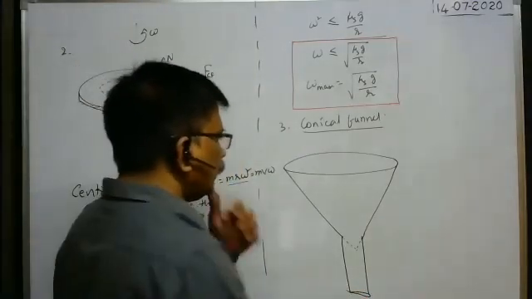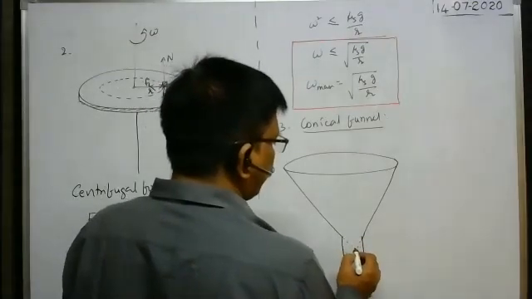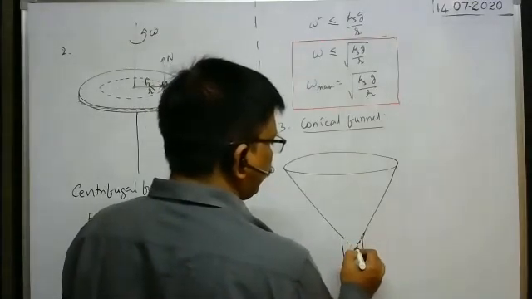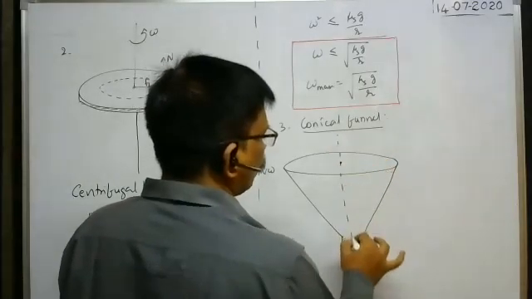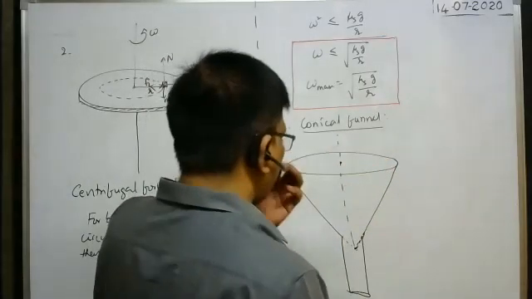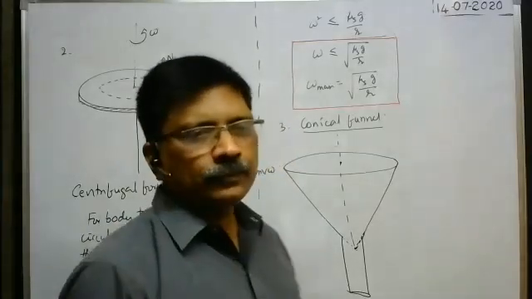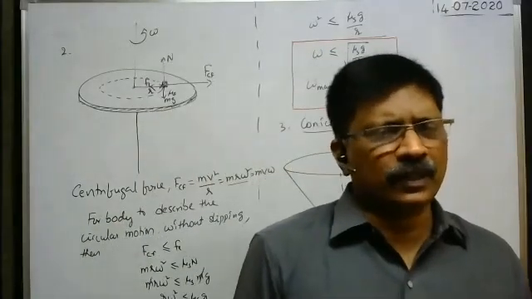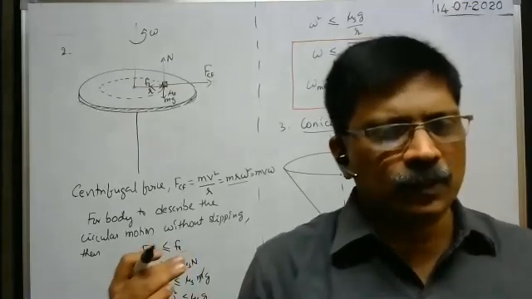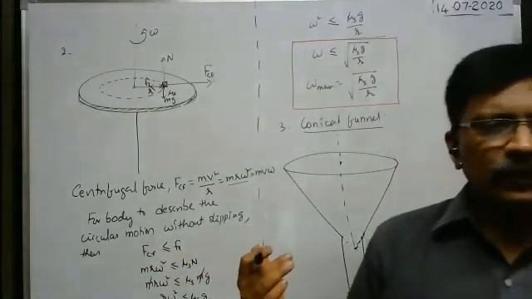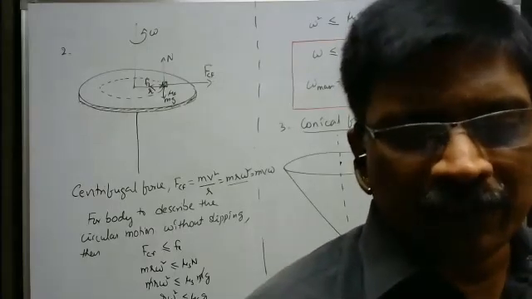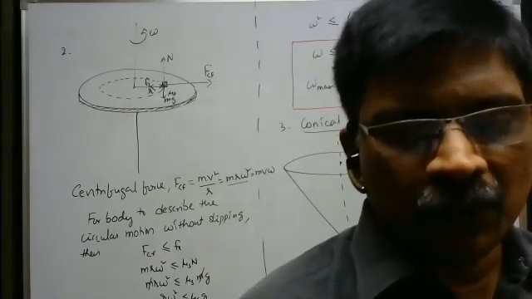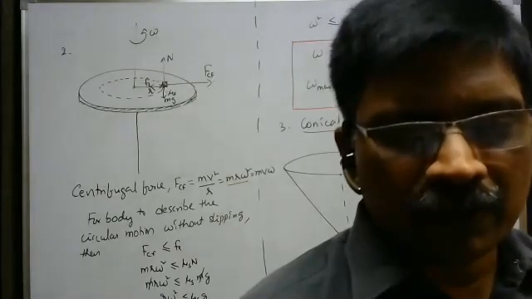There is a conical funnel and it is the vertex of the funnel. It is the axis of the conical funnel. Okay. Generally, ice cream cups are there, no? Ice cream cups are like this only. Of course, somebody uses this type of cups for different purposes. We don't know, somebody may know, of course.